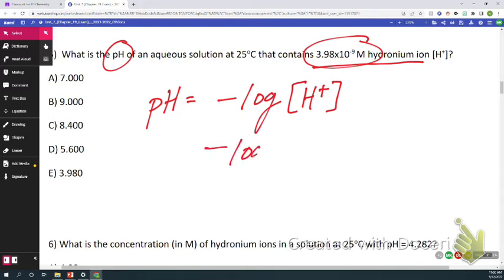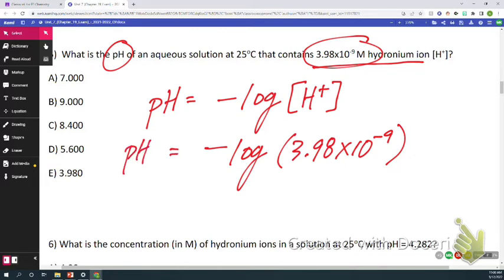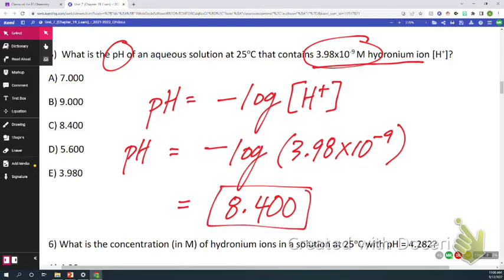Negative log of 3.98 times 10 to the negative 9, and that's the pH. So negative log 3.98 times 10 to the negative 9, and I got 8.400. Okay?